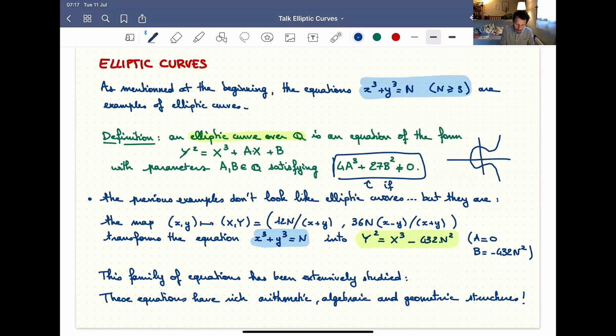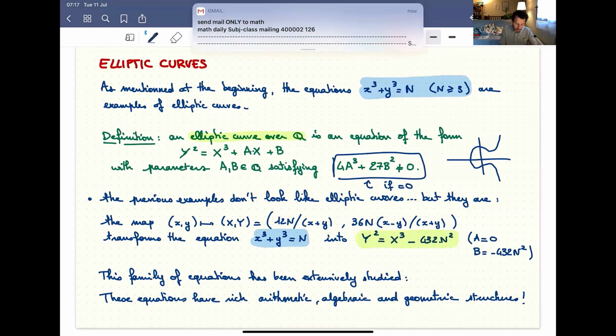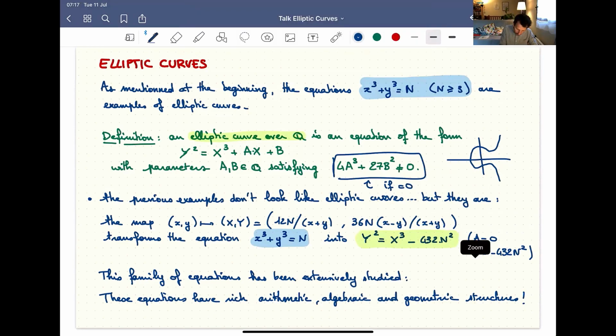If this discriminant is 0, the elliptic curve becomes what's called singular. So for instance, it has a cusp or a node or something. And we want to avoid this. We want the curve to be smooth because we want to be able to draw tangents to this curve at any points. So it's a smoothness condition.